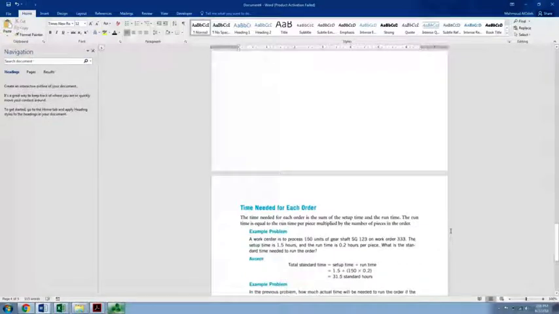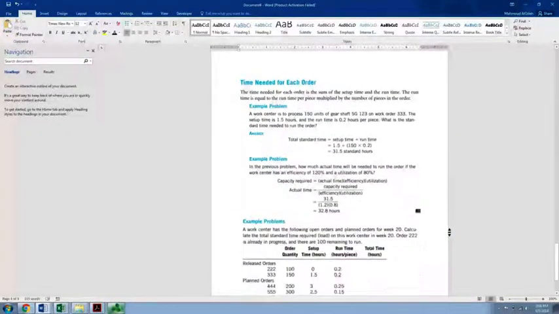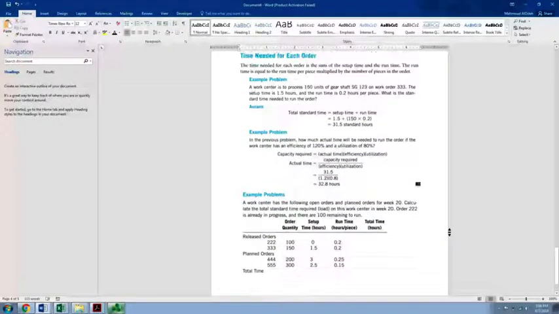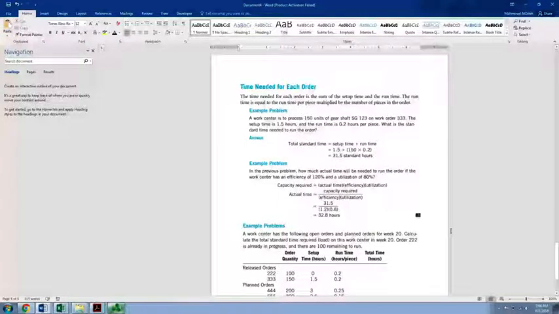Okay, moving to the last question here, two more examples actually, and this is how we could find out the time we need to fulfill the order, the time needed for each order. There are so many factors, and I highly recommend you read the PowerPoint.